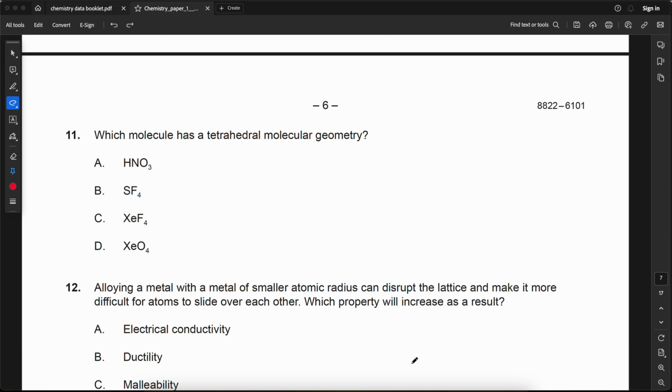Which molecule has a tetrahedral molecular geometry? So let's draw the structure.